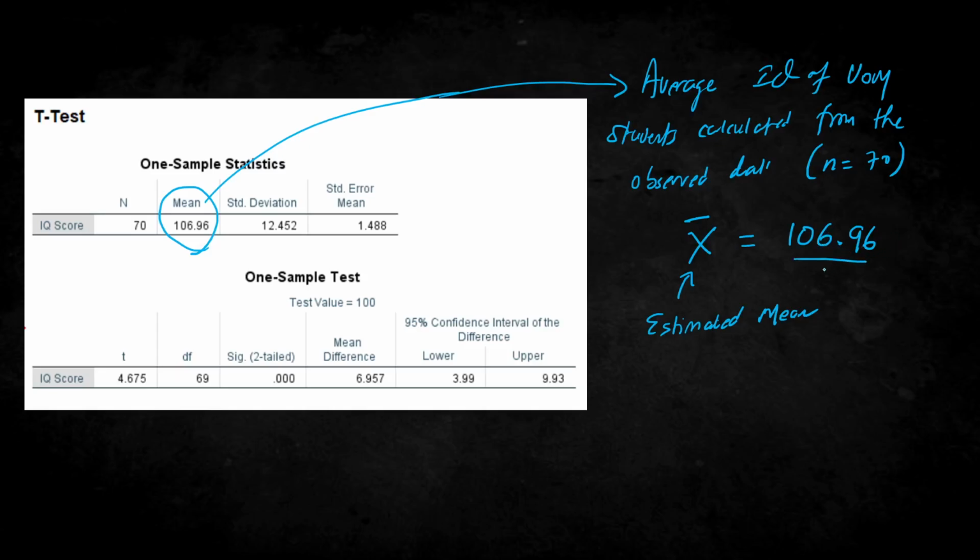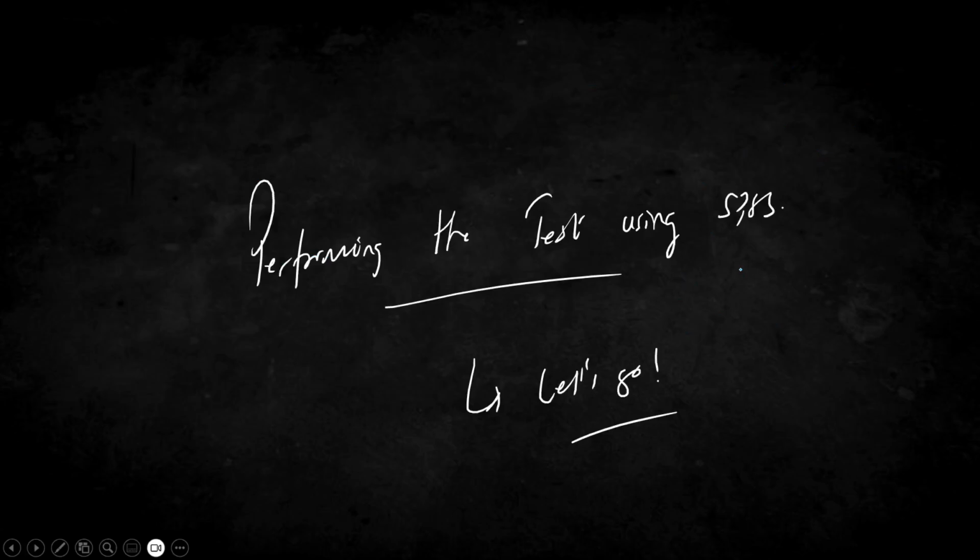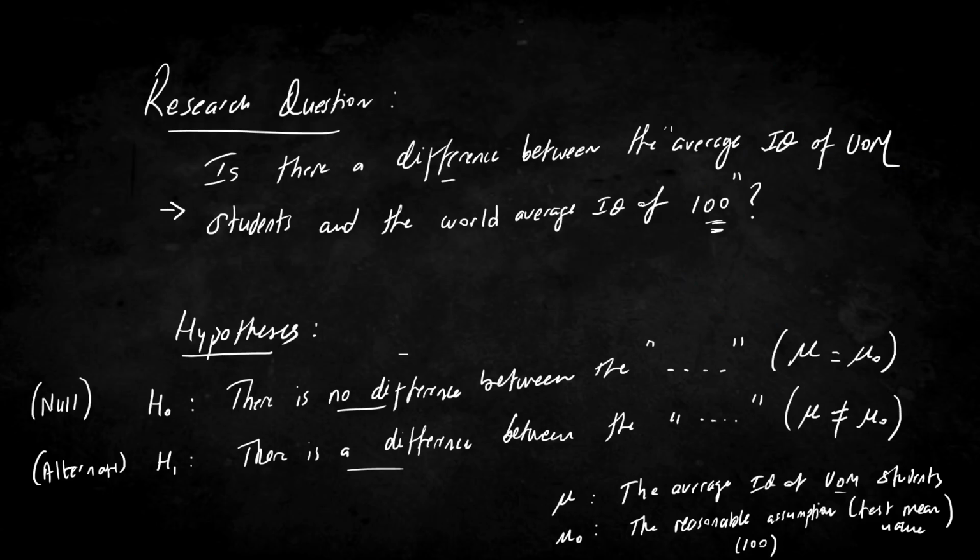So what are we speaking of here? We are here looking at whether there's a difference between mean values. Let's recall, what's our research question? Our research question is there a difference between the average IQ of students, the real average, the true average, but we don't need to say it, that's implicit, and the world average of 100.